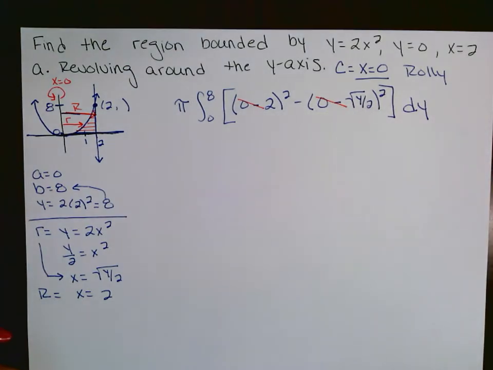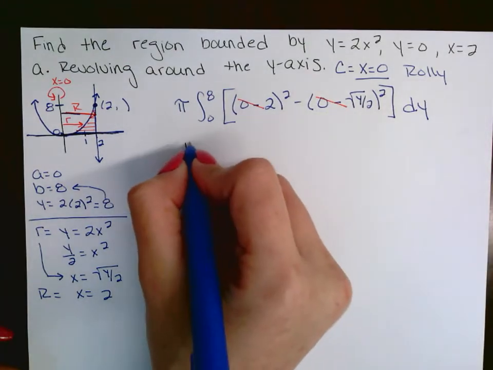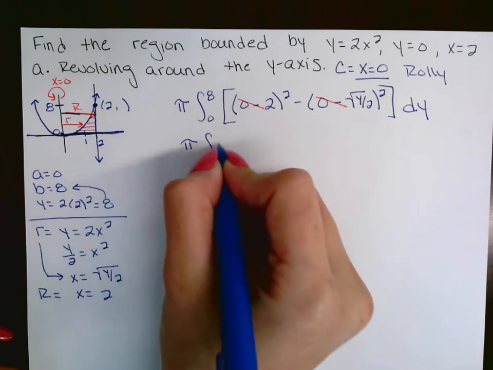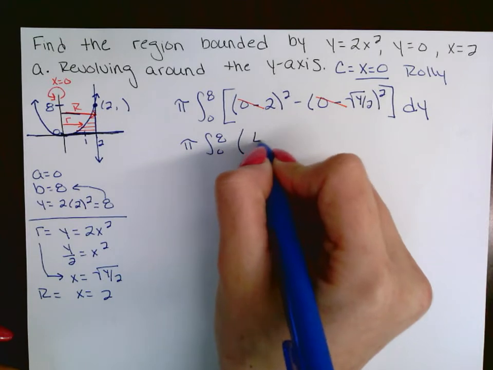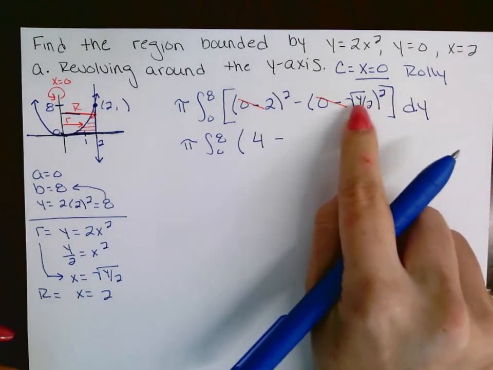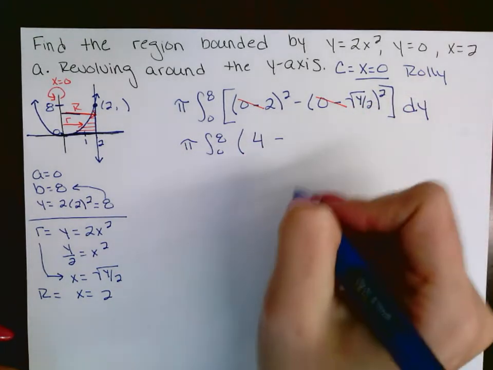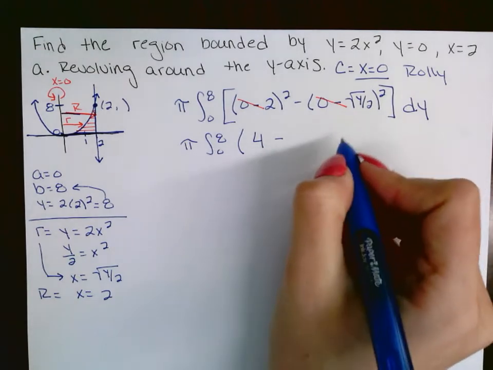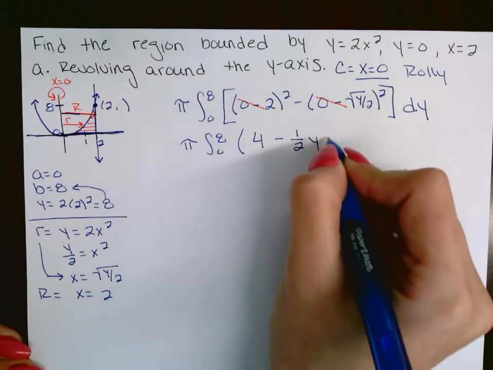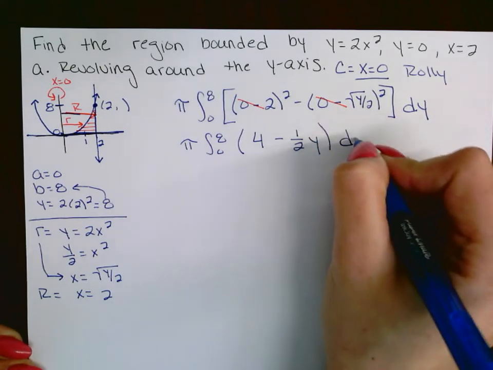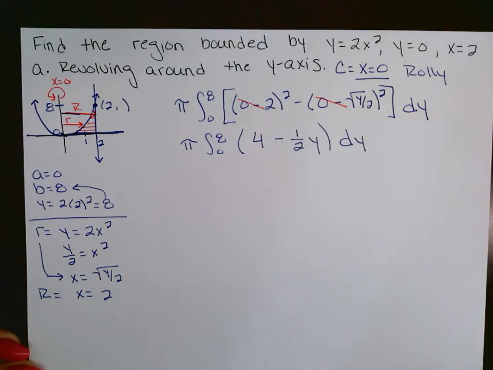Okay? So now I have pi times the integral from 0 to 8 of 2 squared, which is 4, minus, what does a square root and a square do to each other? They cancel, and then I'm going to write, instead of y over 2, I'm going to put half y, dy. And now hopefully this feels like the easy part.